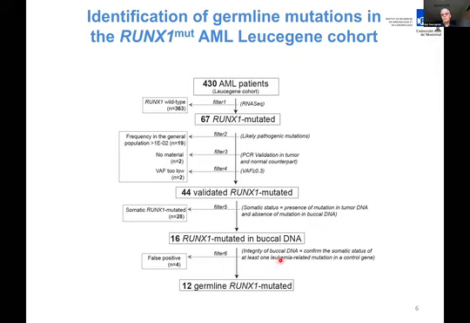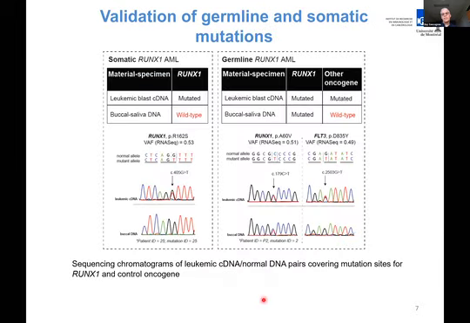And this was done mostly by confirming the somatic status of at least one additional leukemia-related mutation in the germline versus leukemia specimen. And she really needed that criteria for this to be called germline. And this is just an example of this.